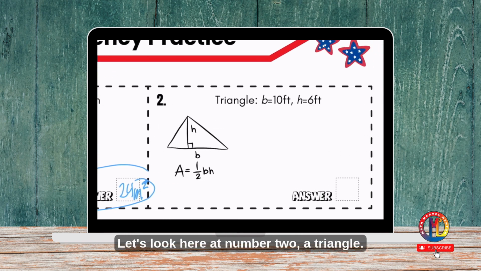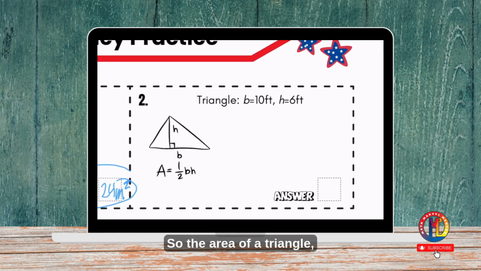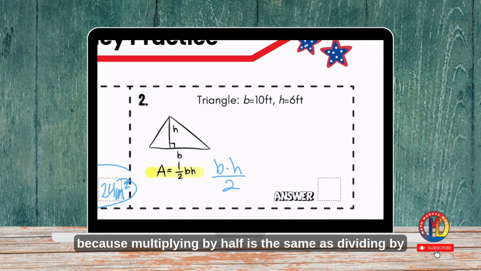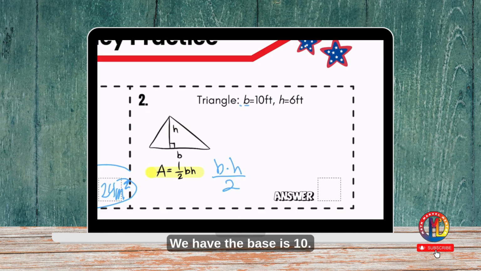Let's look here at number 2, a triangle. So the area of a triangle, we have our formula here, is 1/2 times the base times the height, or you can also think of it as base times height divided by 2, because multiplying by 1/2 is the same as dividing by 2. So we're going to plug in our values. The base is 10, so I'm going to plug that in here.